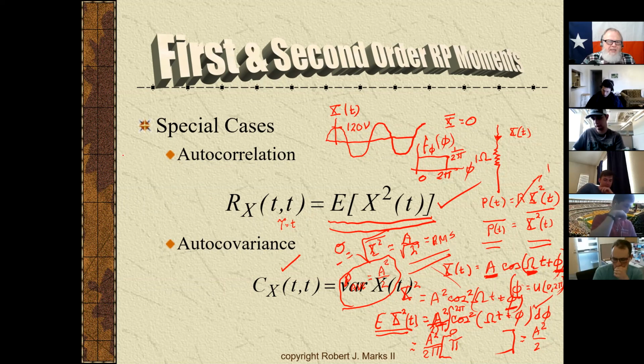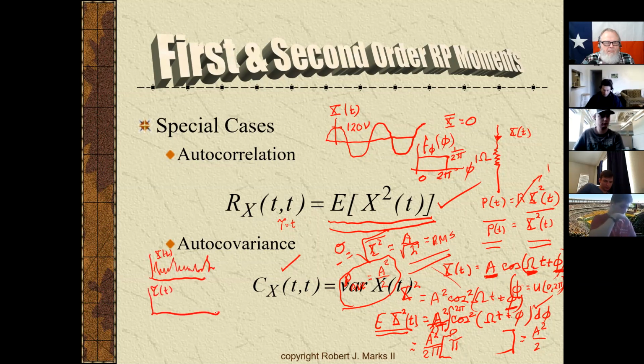Let me give you some examples here. This is one stochastic process, and let that stochastic process be kind of like this. And here's another stochastic process, and that stochastic process is going to look something like this. It's going to be much smoother.